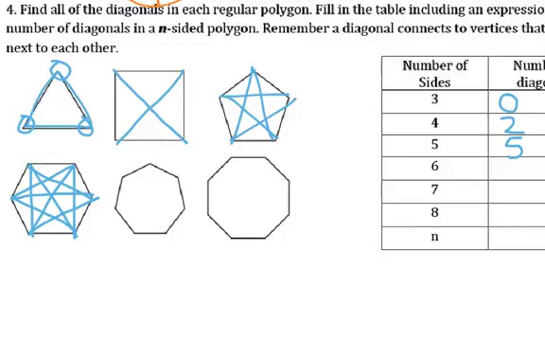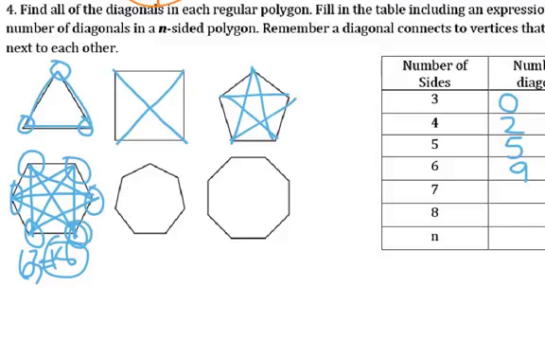Right? Yeah. Because each of these vertices has 3 that they're going to, and there's 6 of them, so 6 times 3 would be 18, right? But since they go from one vertex to another, we have to cut them in half because we can only count them once. We have to divide by 2.